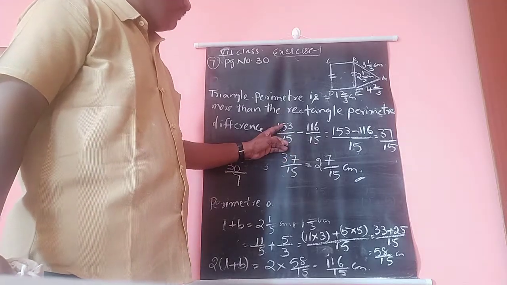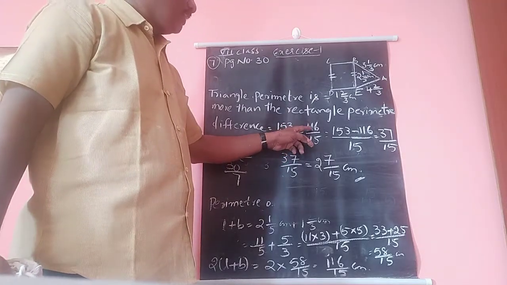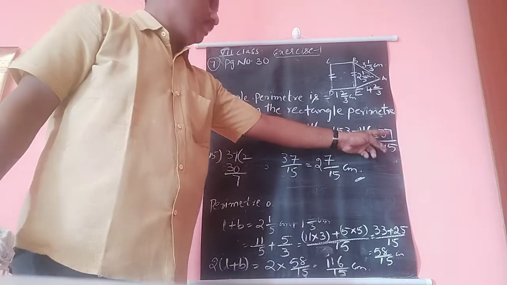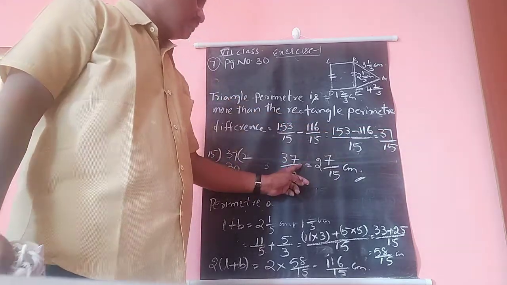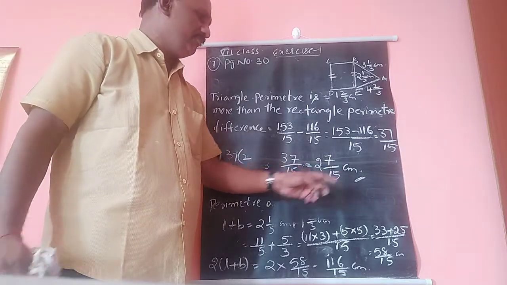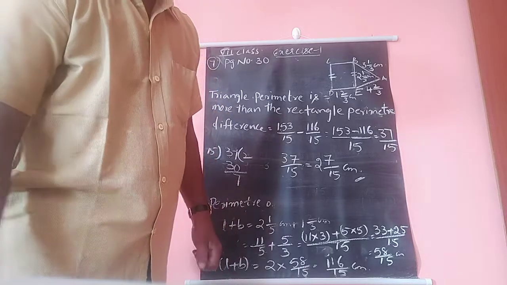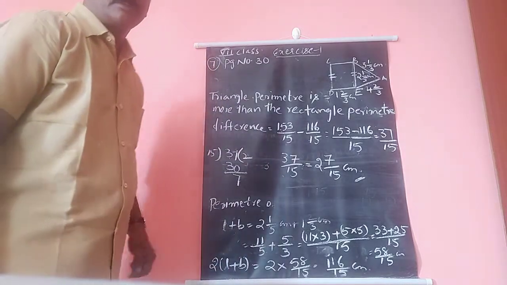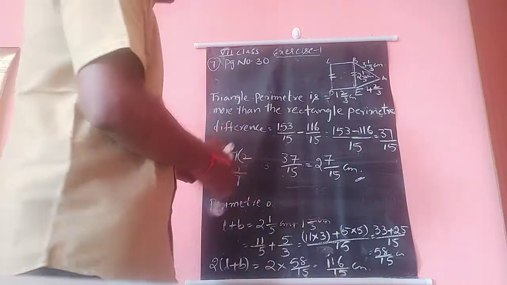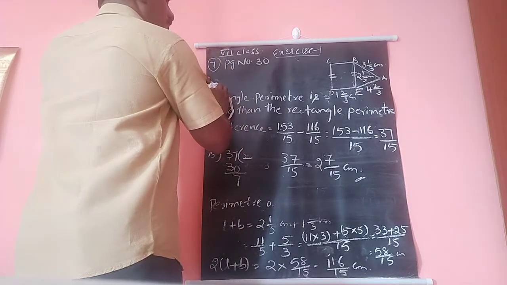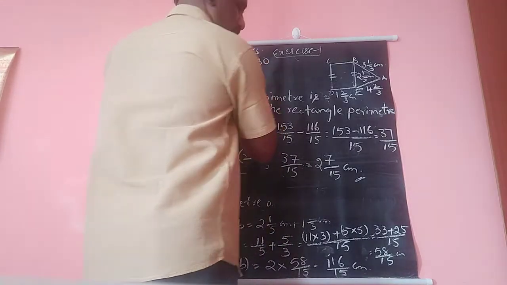Triangle perimeter 153 by 15 centimeters minus rectangle 116 by 15. Subtraction gives 37 by 15, which as a mixed fraction is 2 and 7 by 15 centimeters. Now children, this is the problem. Once again, I will go for the next problem.